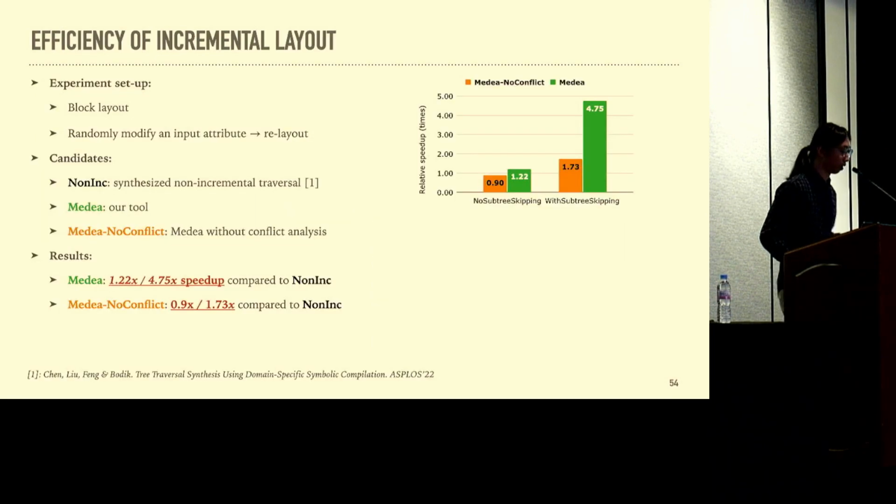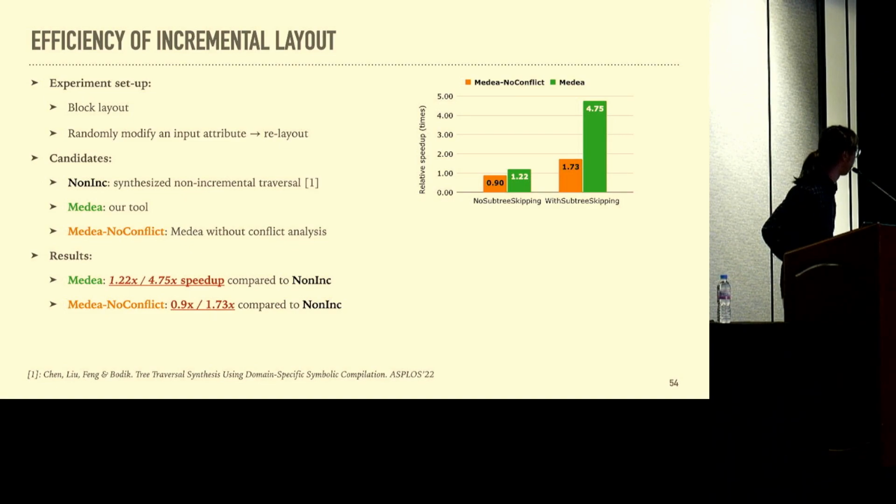And we also experimented with the efficiency of incremental layout from the synthesized engines. So we randomly perturb some attribute on the tree and perform the relayout using the synthesized engines. And we compare three candidates: non-incremental, Medea, and also Medea without using any kind of conflict analysis.